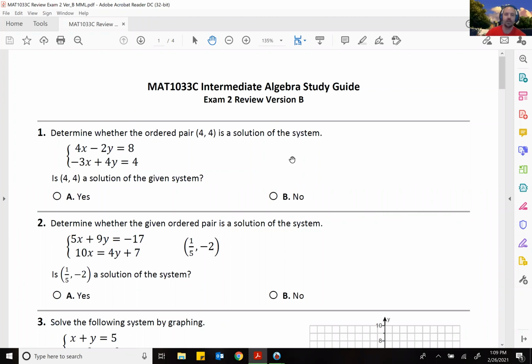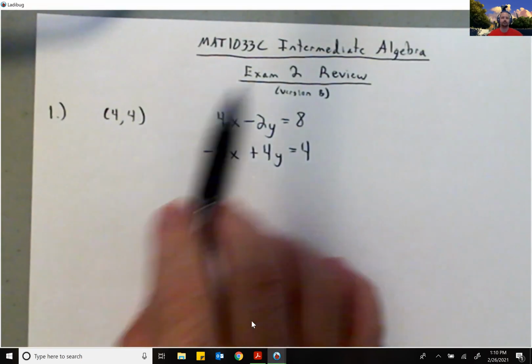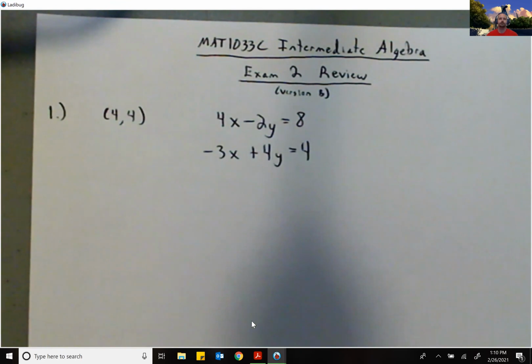So the first question is, we've got this point (4, 4), and we've got this system: 4x minus 2y equal to 8, negative 3x plus 4y equal to 4. And we want to know, is that a solution? So how do I check if a point is a solution to the system? So you just plug in the points.